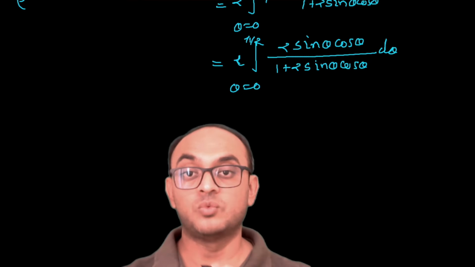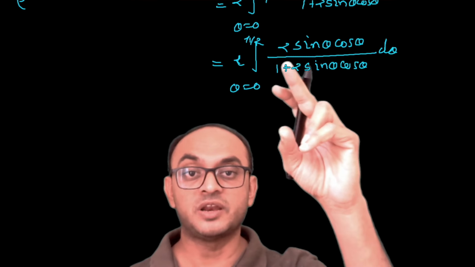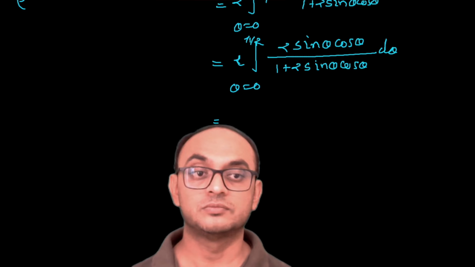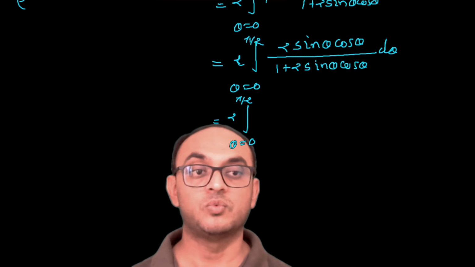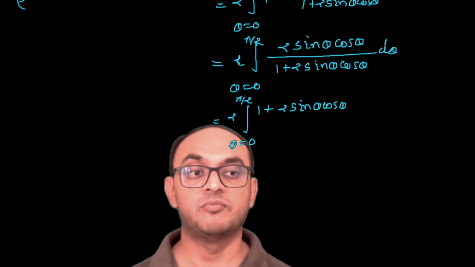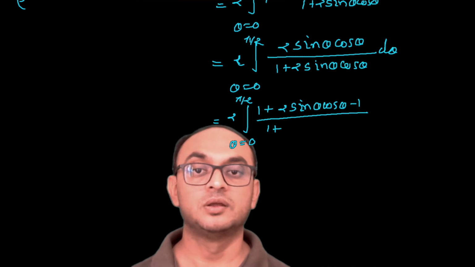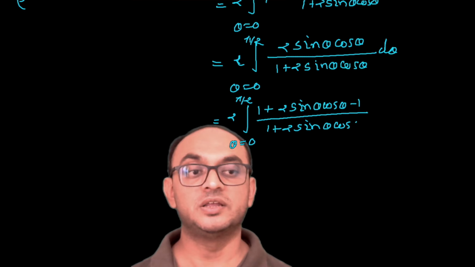So I am using one trick here: adding 1 and subtracting 1 in the numerator. So this is equal to 2 times the integration theta equal to 0 to pi by 2 of 1 plus 2 sin theta cos theta minus 1 upon 1 plus 2 sin theta cos theta, d theta.